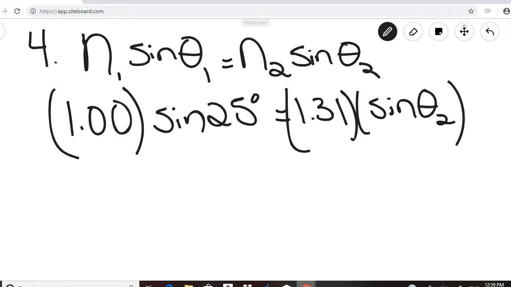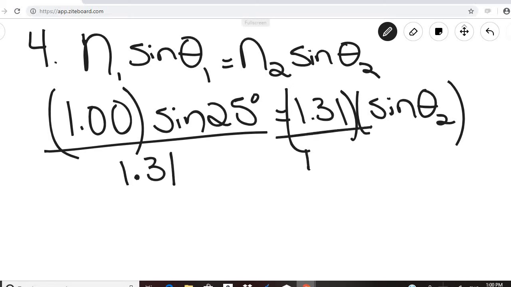Okay, so we'll just divide both sides by 1.31. That gets rid of that on this side. So that 1 times the sine of 25 divided by 1.31 will give you 0.3251.